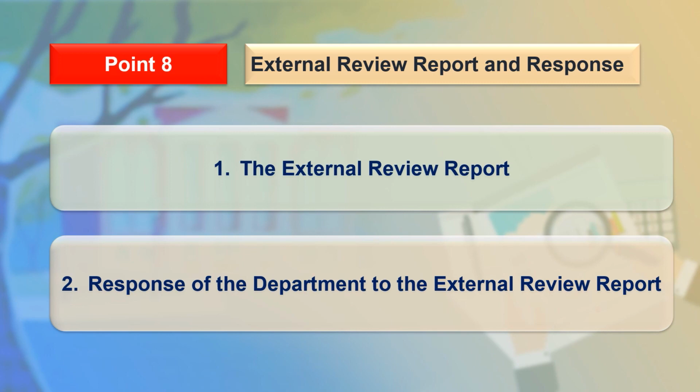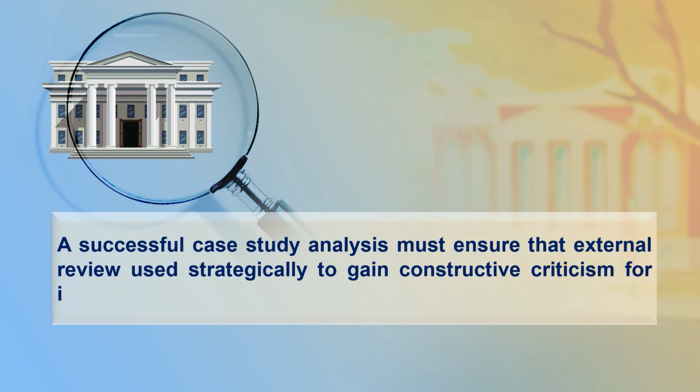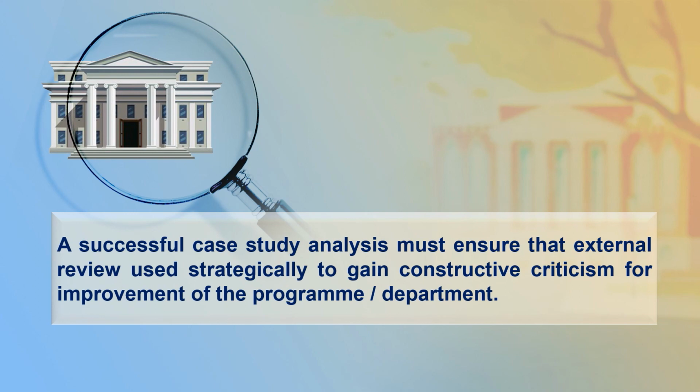On receiving the external review report, department prepares a written response to the findings and recommendations, whether they agree or disagree, because for implementation their agreement is essential. A successful case study analysis must ensure that external review is used strategically to gain constructive criticism for improvement of the program or the department.